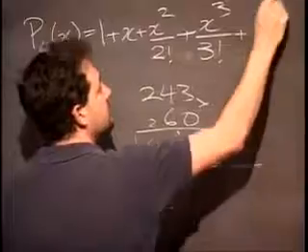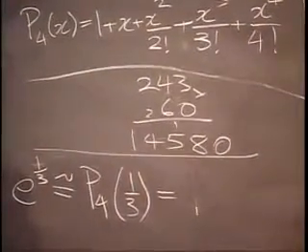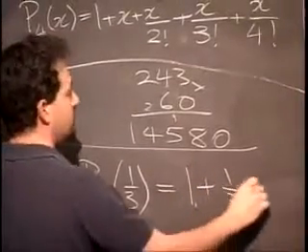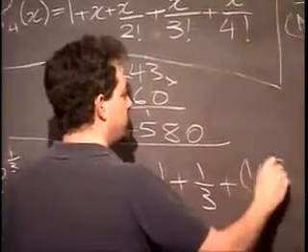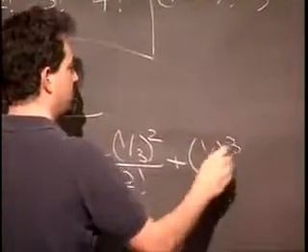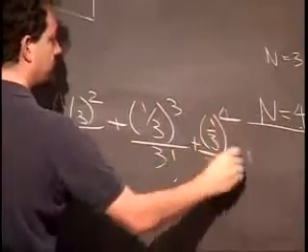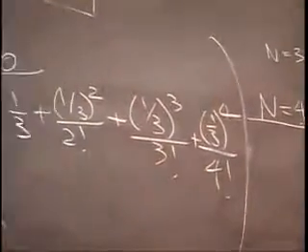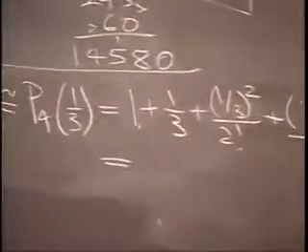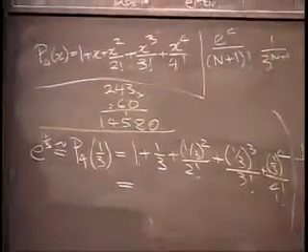We don't need to reinvent the wheel here. So when I plug in a third into this, I get 1 plus a third, plus a third all squared over 2 factorial, plus a third all cubed over 3 factorial, plus a third to the 4th over 4 factorial. And you can work this out, and I did once upon a time. It's not that bad. What does it work out to be?